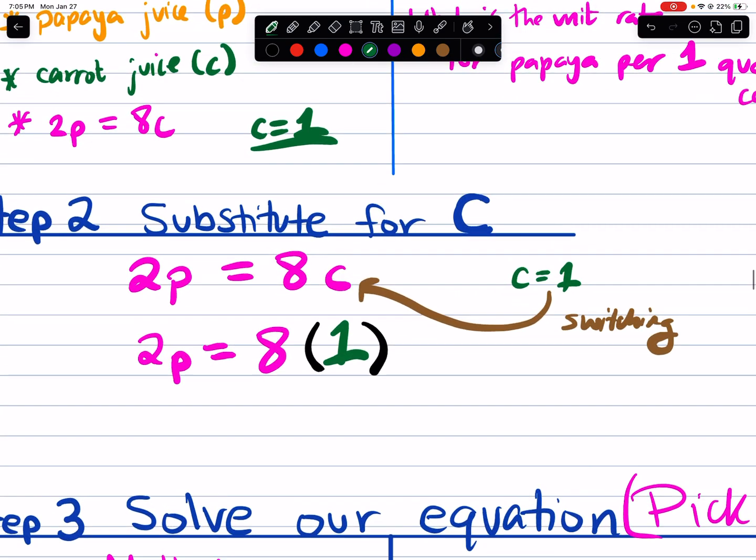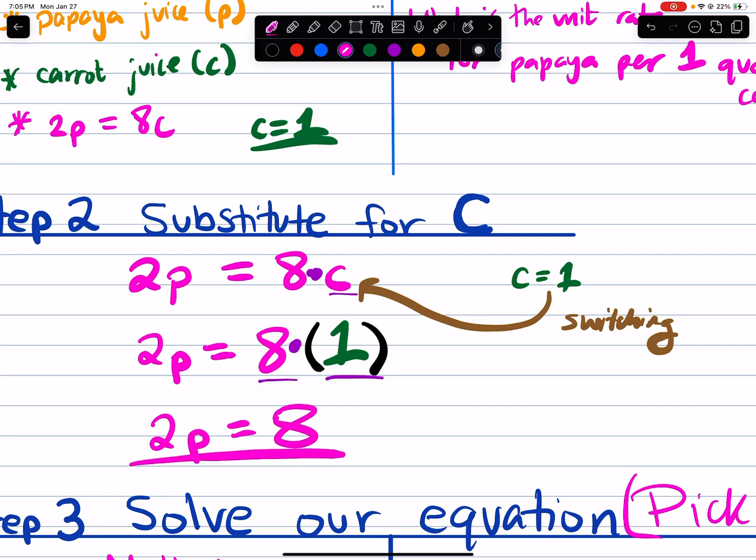And now if you notice, there is an invisible multiplication in between these numbers and these variables. So you're really saying, what's 8 times 1? It's 8. So 2p is equal to 8. There you go. This is our equation when c is equal to 1.